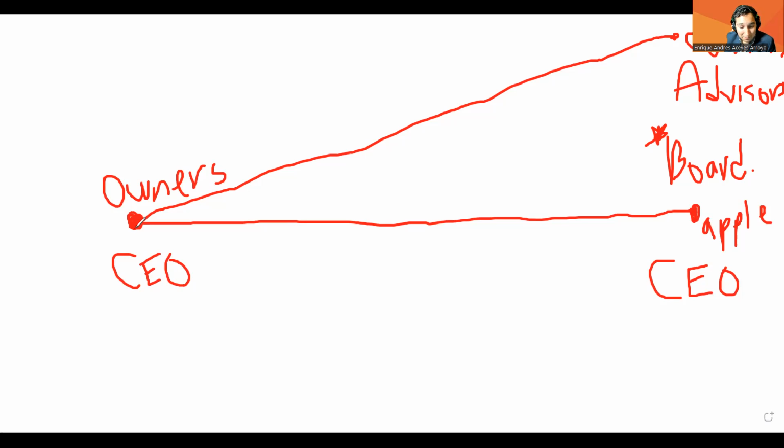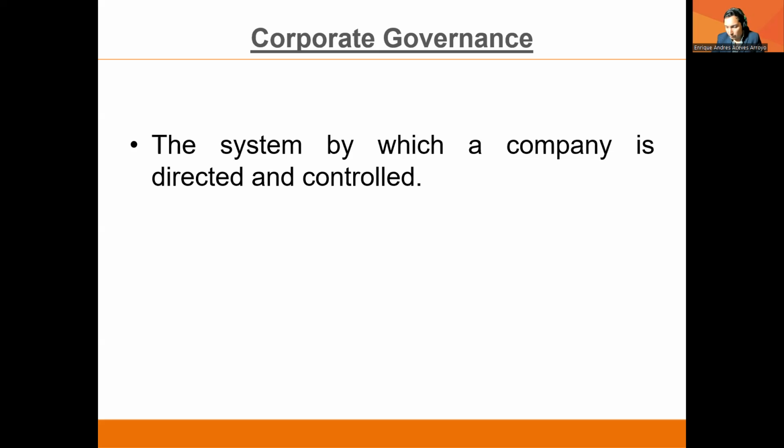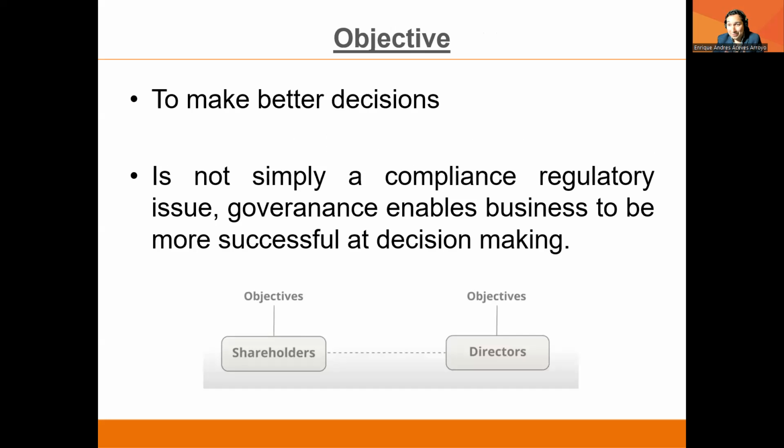Let's go to the academic content. Corporate governance is the system by which a company is directed and controlled. The objective is to make better, informed decisions and avoid some biases from the owners of the company. So it's not simply a compliance and regulatory issue.